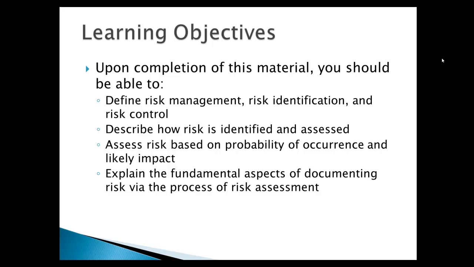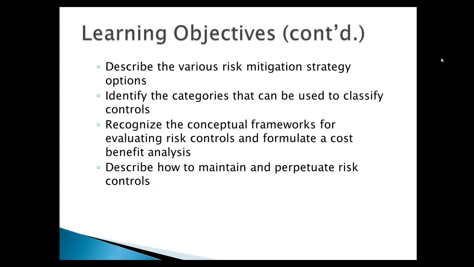And then some fundamental aspects of documenting risk via the process, sometimes referred to as risk assessment. We also will talk about some basic risk mitigation strategies, categories that can be used to classify controls, some conceptual frameworks for evaluating risk, how to formulate and do a cost-benefit analysis, and then how to maintain and perpetuate risk controls.